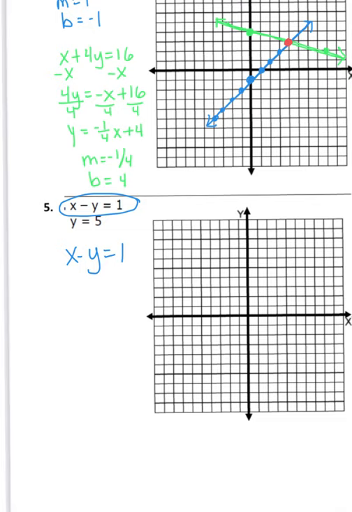Minus x. Negative y equals negative x plus 1. Now I need to divide all pieces by negative 1 to get my y by itself.